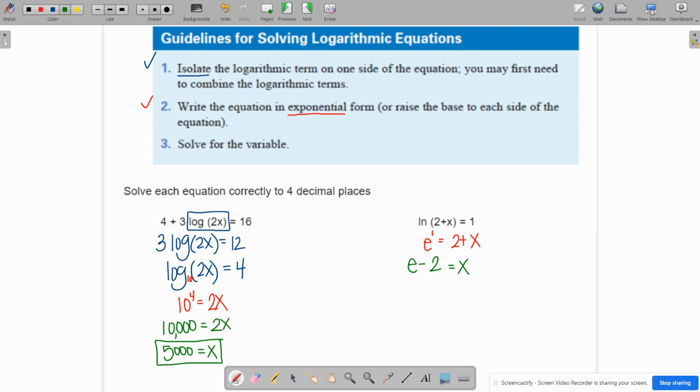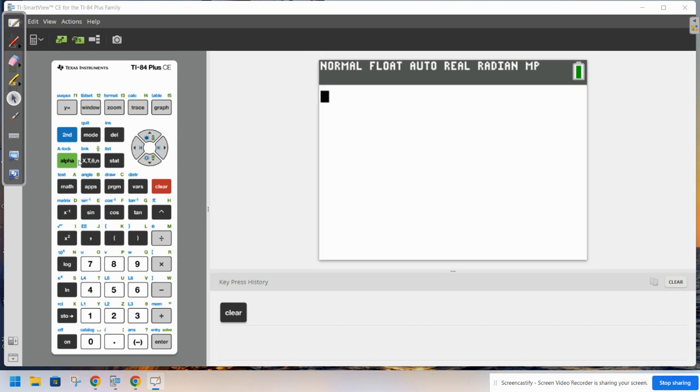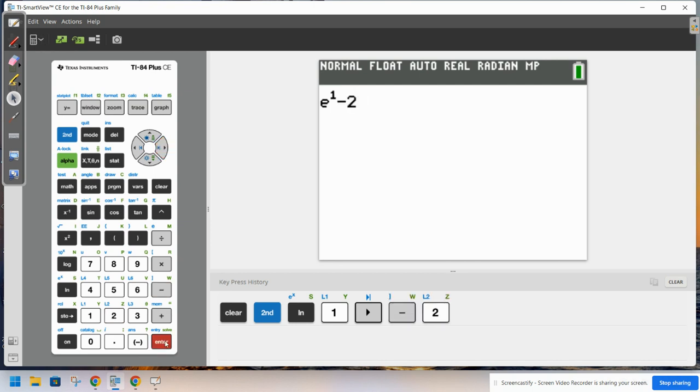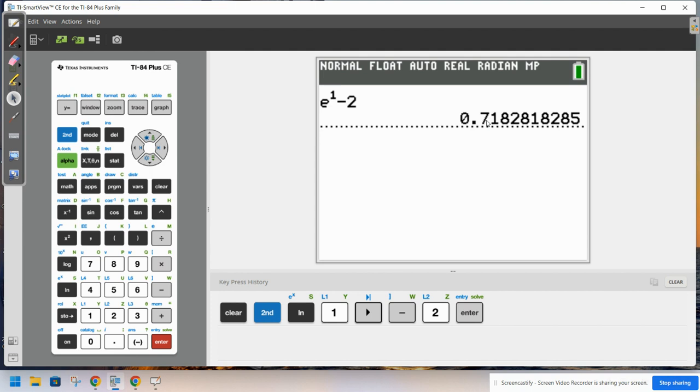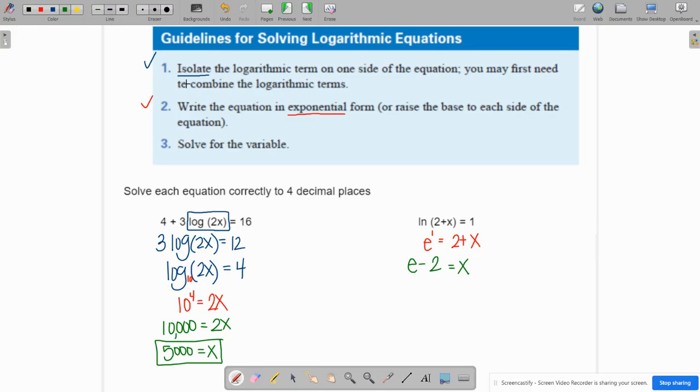So this is a situation where I'm going to use my calculator. So e is e to the 1st power. I'm just going to use that button there, e to the 1st, and then we were taking away 2, so minus 2. We're going to get about 0.7183 if we're rounding to 4 decimal places. So this is going to be an approximate answer. It's going to be about 0.7183.